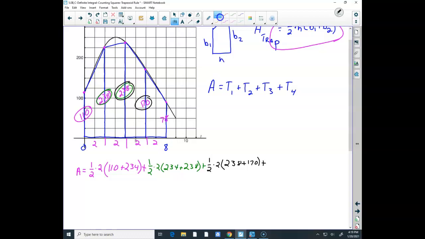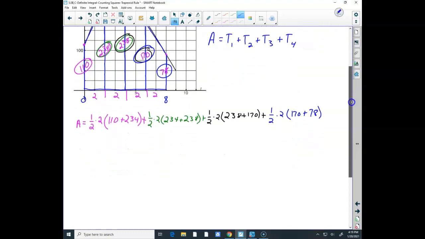And the last one we're going to do, I'm going to do it in blue. That's going to be 1/2 times height times 170 plus 78. And these look like they're very monotonous calculations, okay?